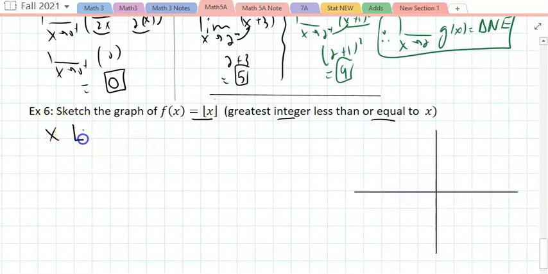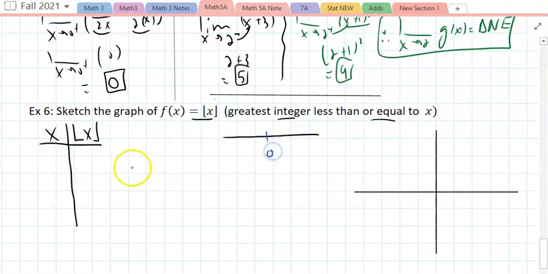x, and the greatest integer less than or equal to x. And I put a number line. I'm going to pick 0. So if I pick a 0, what's the greatest integer less than or equal to 0? Well, 0. How about if I picked 0.5?